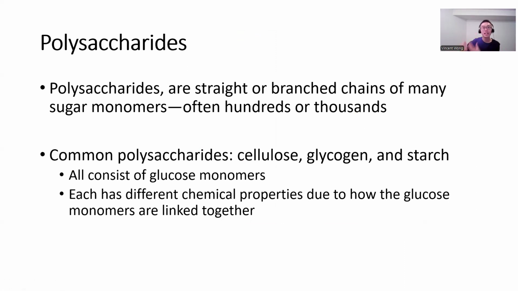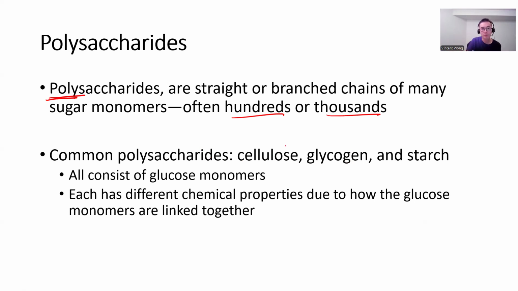You can actually continue to build bigger and bigger molecules, right? Continue to build the chain so that it becomes very, very long. And sometimes it can be hundreds or thousands of units long. These are what we call polysaccharides.